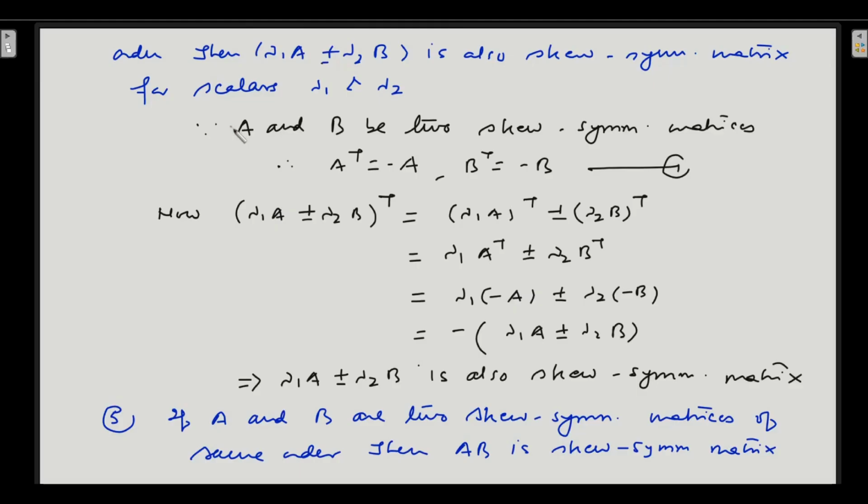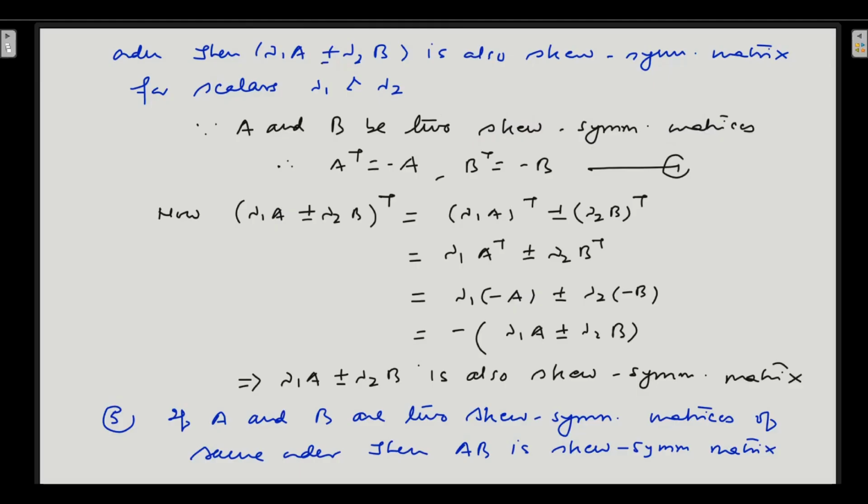Before starting any proof, we need to give the information which has been provided to us, and then move further. So let's write the given information first. A and B are two skew-symmetric matrices, already given to us.